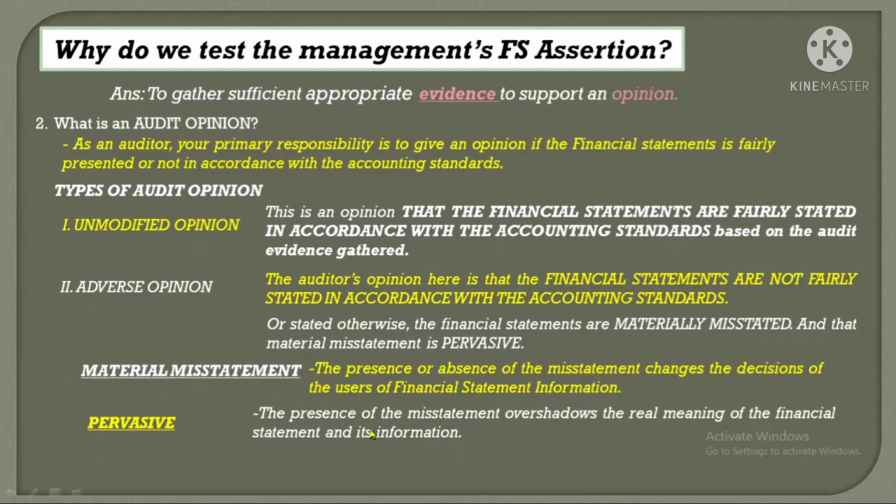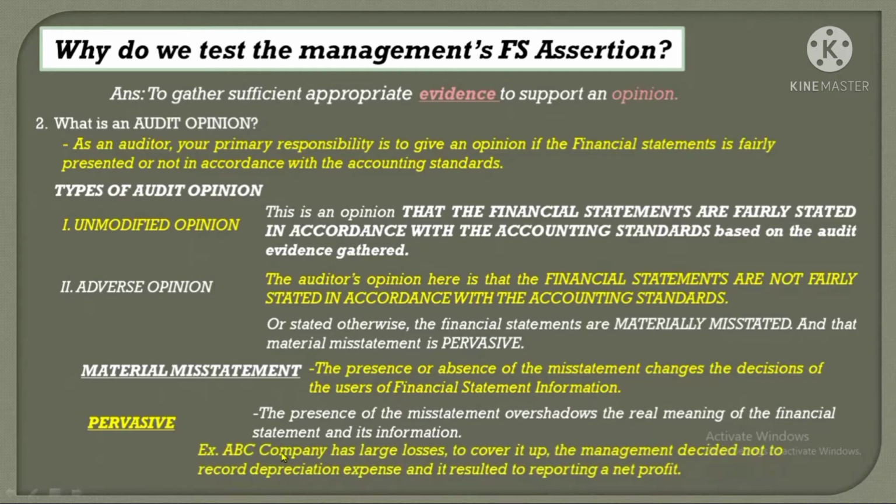For example, I have this actual experience with a client who instructed me not to include depreciation expense in the income statement because they are losing. And if that depreciation is eliminated, the company will register a big profit instead of a loss. Naturally, I declined and explained the effects of non-inclusion of depreciation expense.